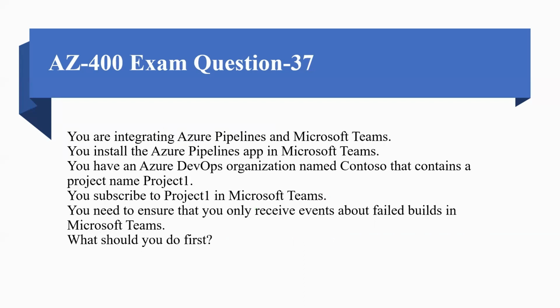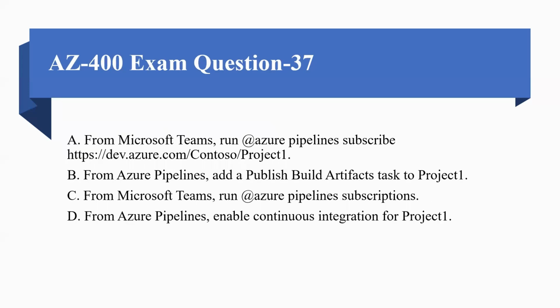Moving towards next question. You are integrating Azure Pipelines and Microsoft Teams. You install the Azure Pipelines app in Microsoft Teams. You have an Azure DevOps organization named Contoso that contains a project named Project1. You subscribe Project1 in Microsoft Teams. You need to ensure that you only receive events about failed builds in Microsoft Teams. What should you do first? Option A, from Microsoft Teams run @Azure Pipelines subscribe https://dev.azure.com/contoso/project1.